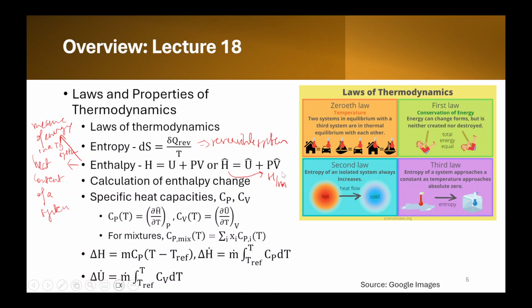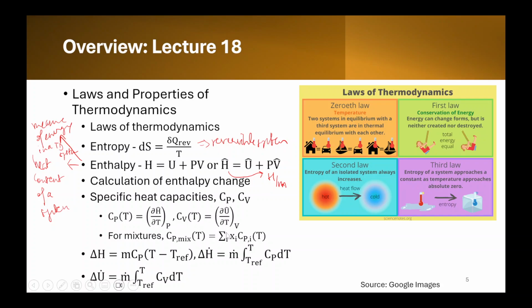Then we discuss the calculation of enthalpy change. Firstly, we discuss the specific heat capacities Cp and Cv: specific heat capacity at constant pressure and at constant volume. These are the relations. The rate of change of enthalpy with respect to temperature at constant pressure is the specific heat capacity at constant pressure.